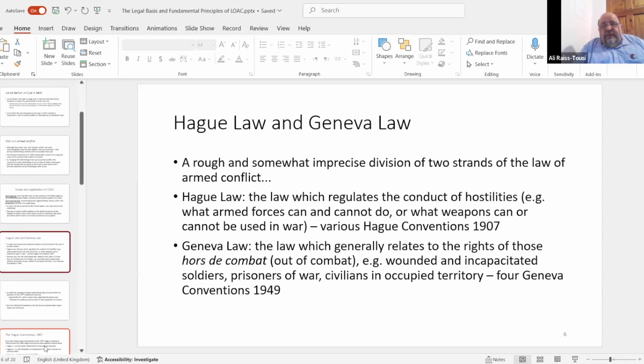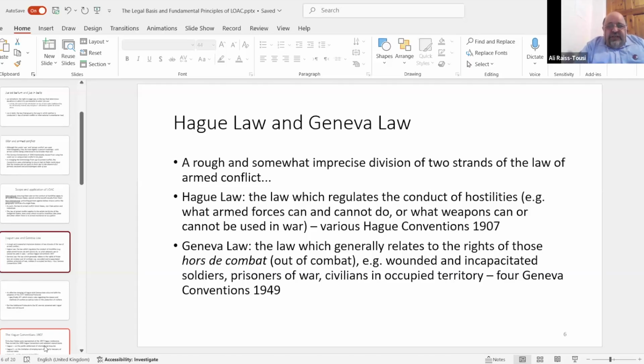In terms of the rules that exist, there are two strands of rules and two strands of law that are generally known as Hague law and Geneva law. When we talk about Hague law, we are referring to the various treaties negotiated, agreed, and signed in The Hague, originally in 1899, and then later on in 1907.